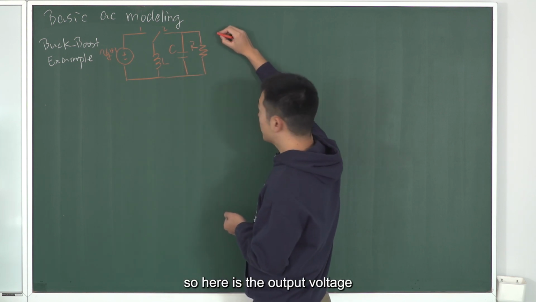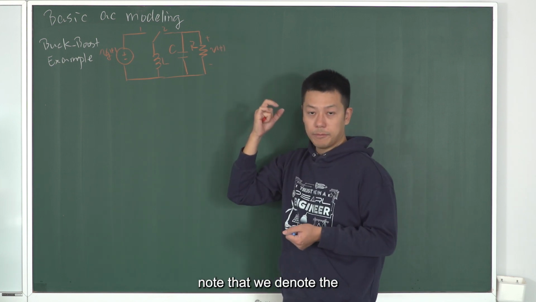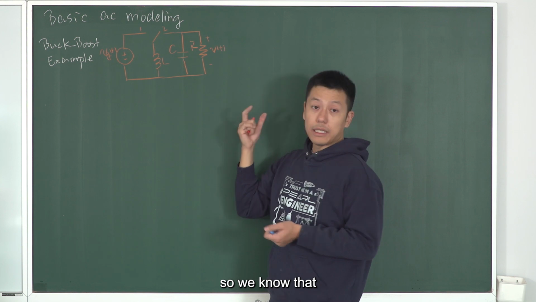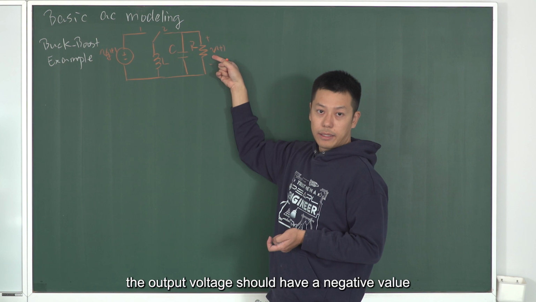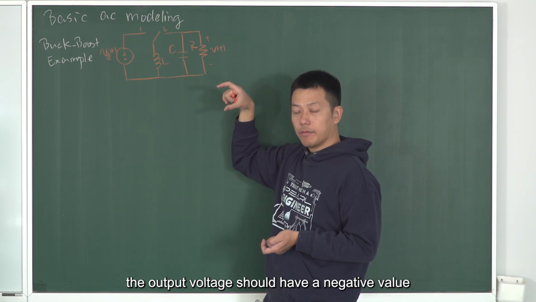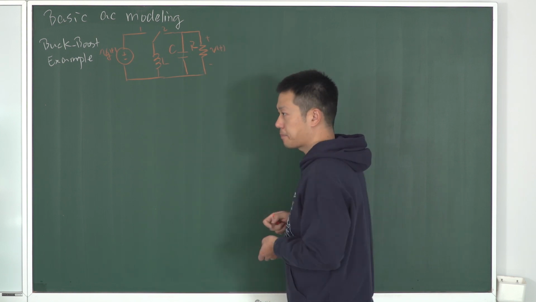Here is the output voltage. Note that we denote the positive sign on the top. We know that the buck-boost is an inverting topology, so the output voltage should have a negative value if we denote the upper side as the positive.